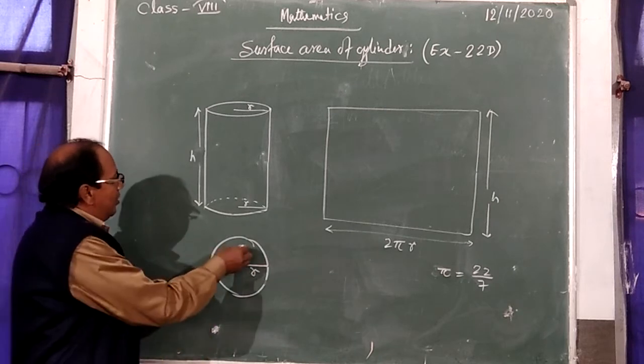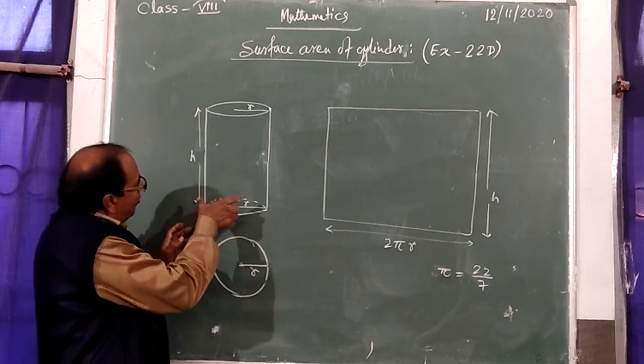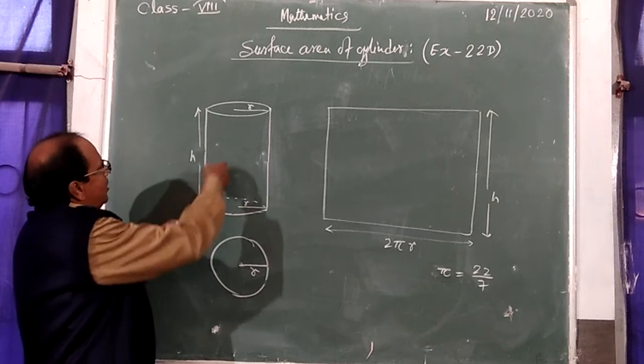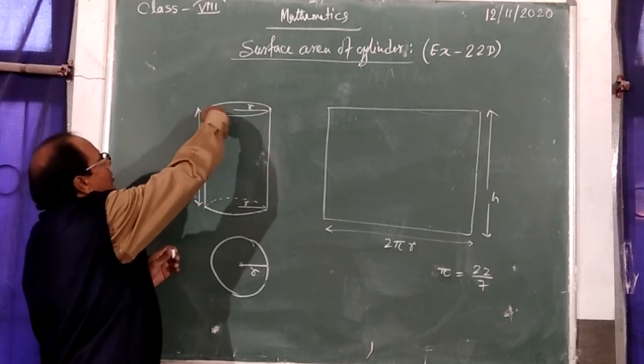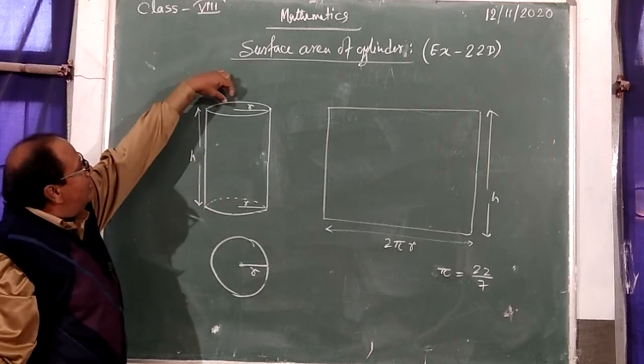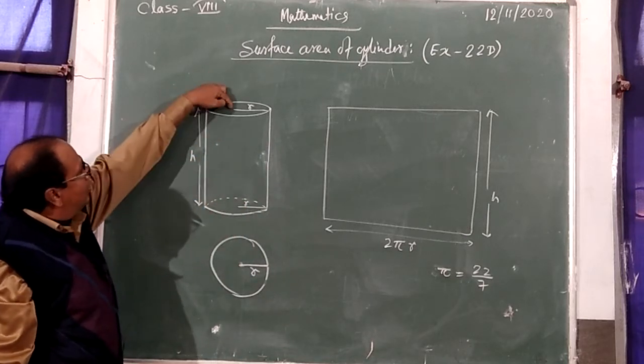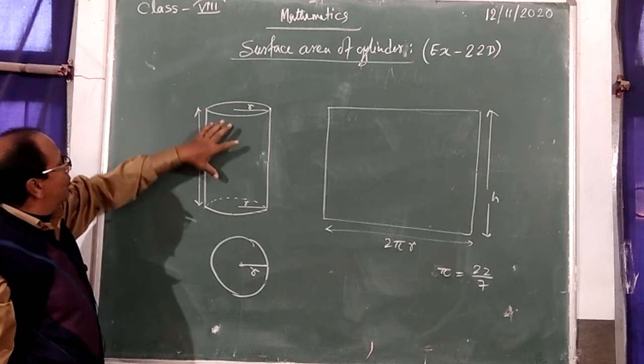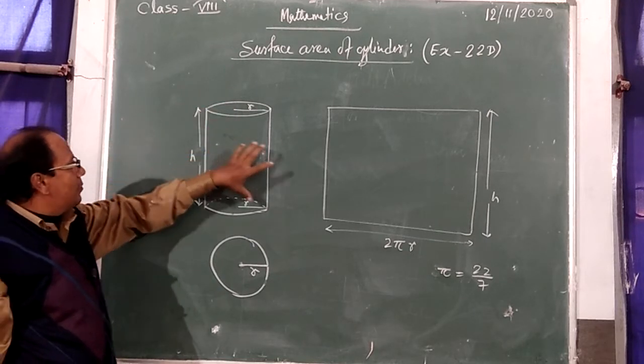Okay, and if you want to have a look, the area of the cylinder, curved surface area, as well as the area of the base and the top. So now, to get the area of the curved surface, let me explain here.